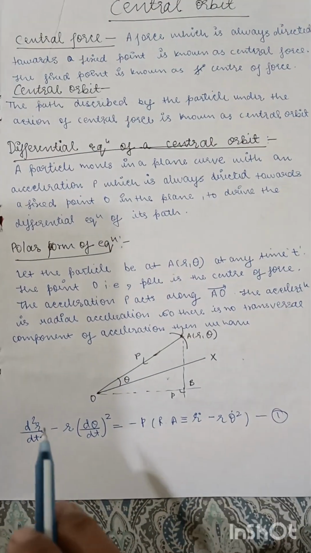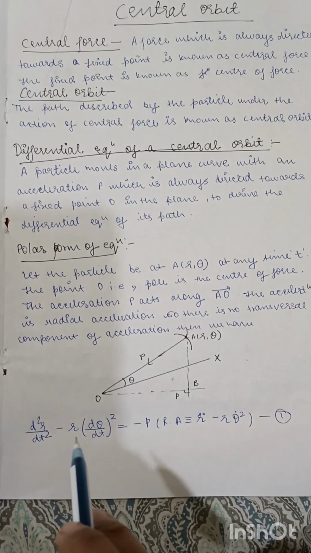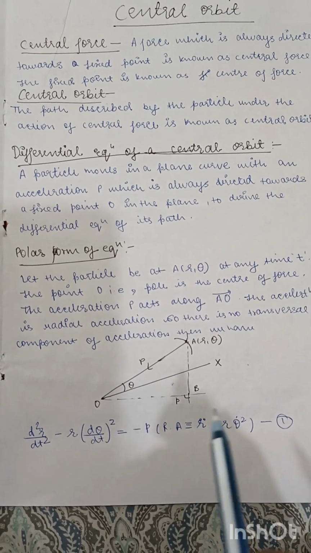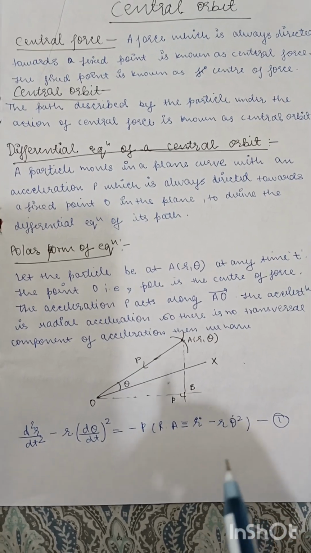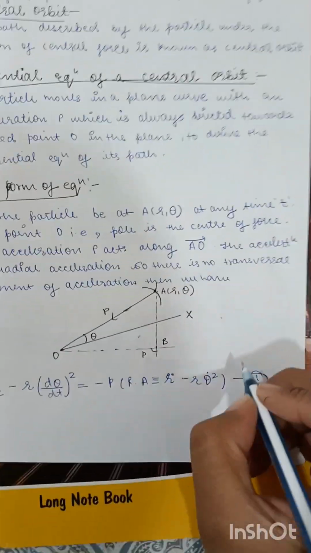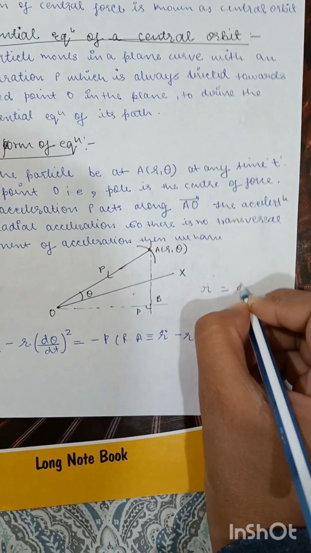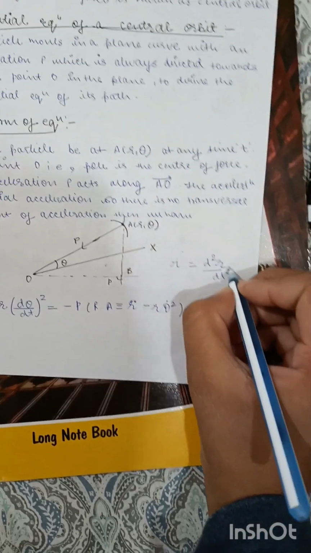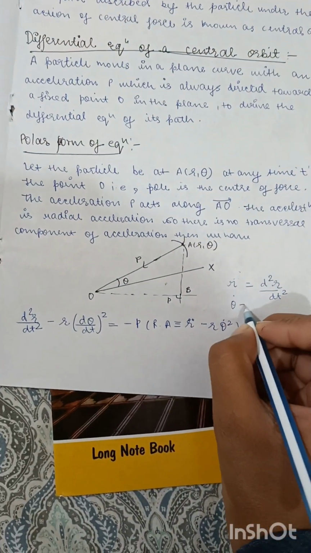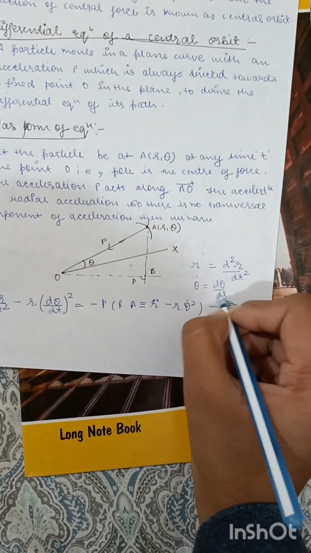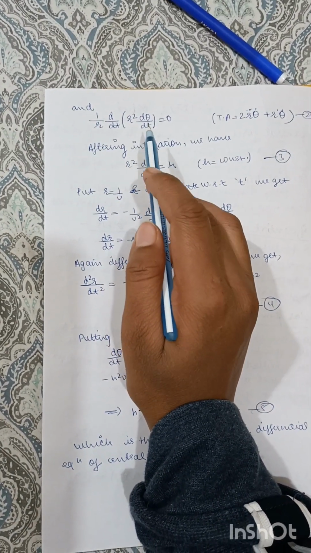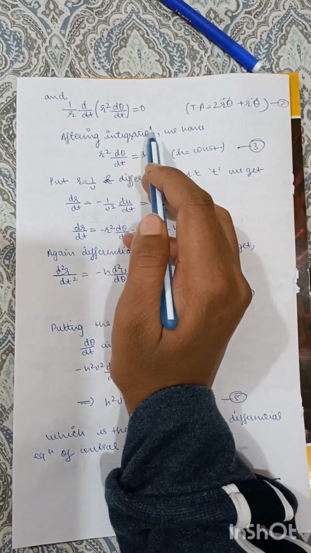Then we have d square r upon dt square minus r (d theta upon dt) whole square equals minus p, where r double dot means d square r upon dt square and theta dot means d theta upon dt. And 1 upon r d upon dt of r square d theta upon dt equals 0.